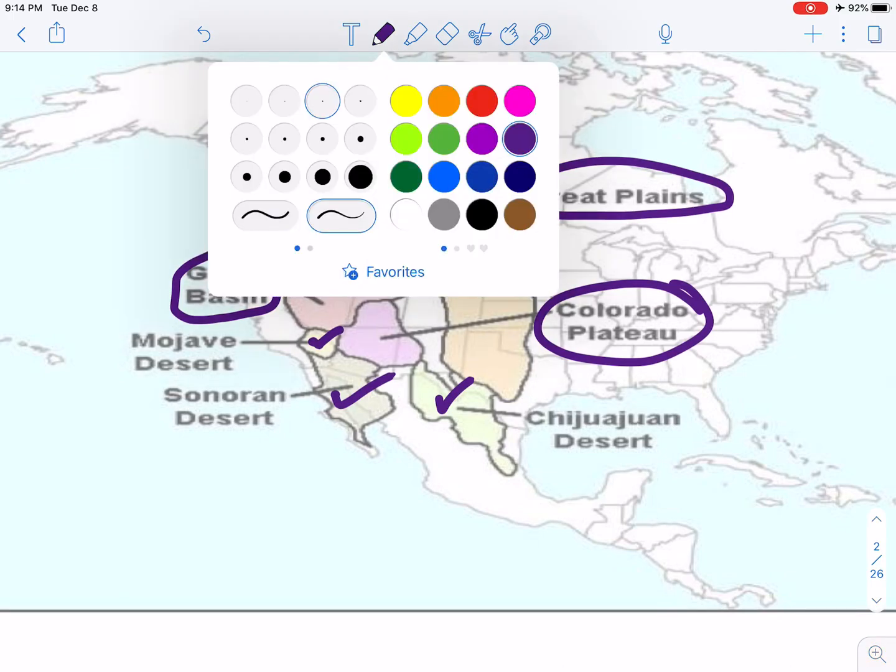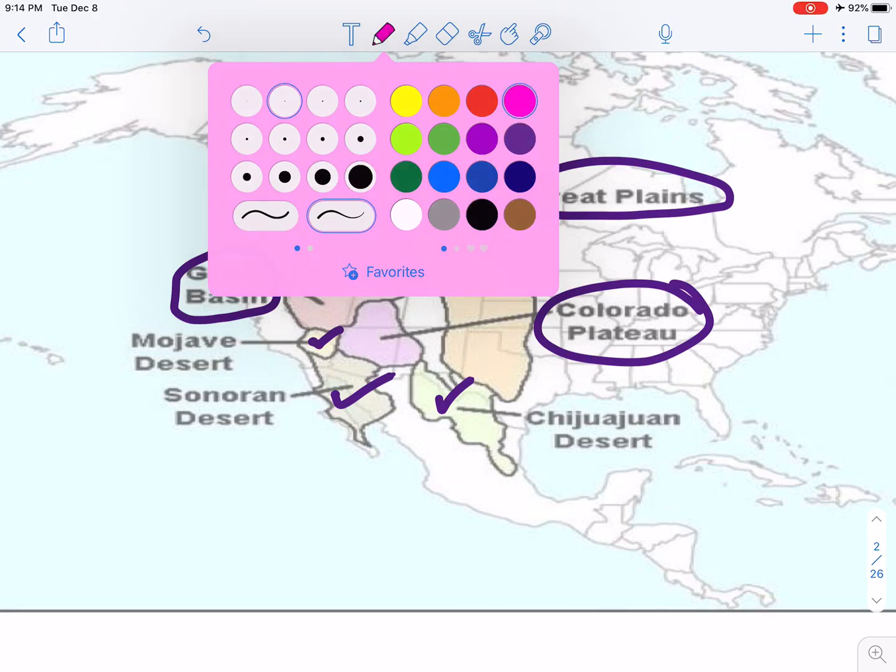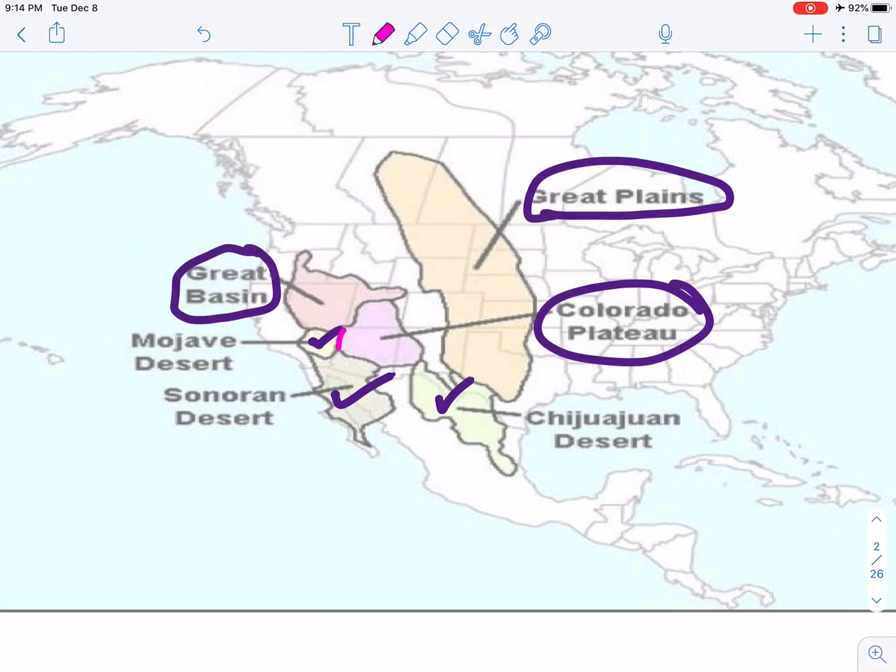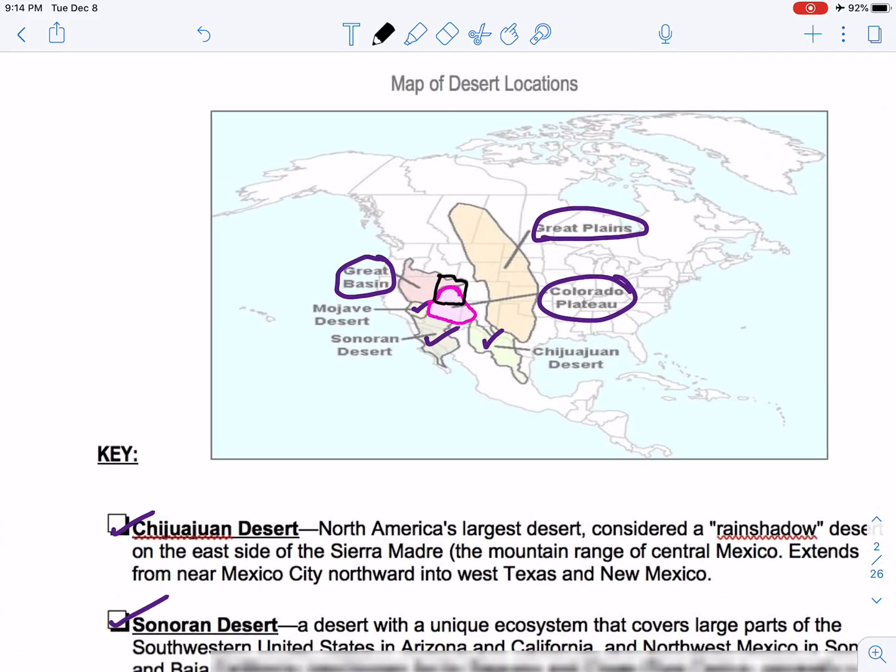Let's take a different color. We're going to make that pink and outline about where it is. You can see it makes up quite a bit of Utah, because if we color in our Utah shape, that is a lot of Utah that is taken up by the Colorado Plateau Desert.